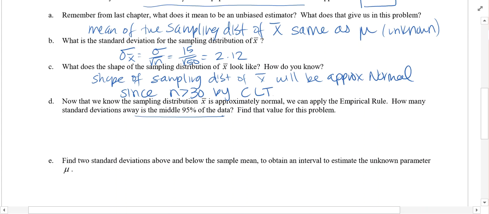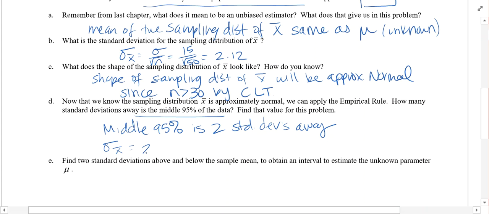Okay, so the middle 95% is 2 standard deviations away. And I'm saying away because we're going both directions. So in this problem, the standard deviation of x bar is 2.12, and we're going 2 standard deviations away.